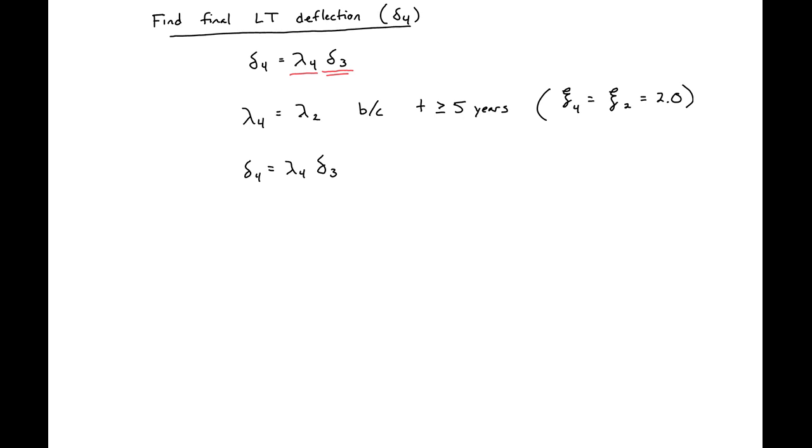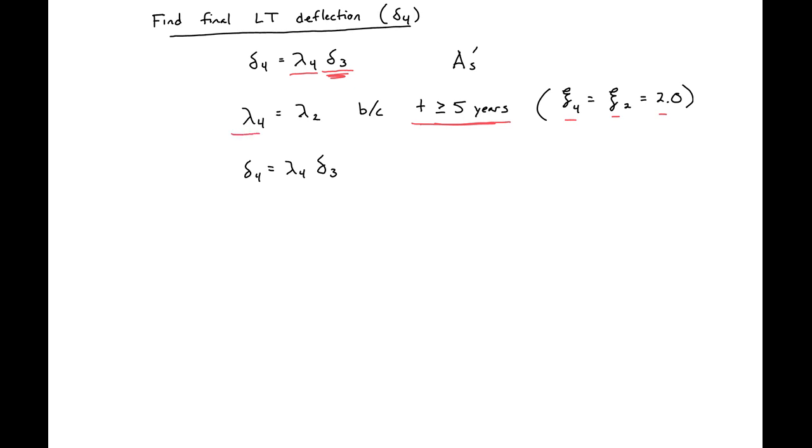Because our A s prime, our compression steel, is the same for step 2 and this step, and because our t is greater than 5 years, this load being applied at 10 years and us looking at 20 years for our final deflection, so t greater than 5, which means our xi will be the same.